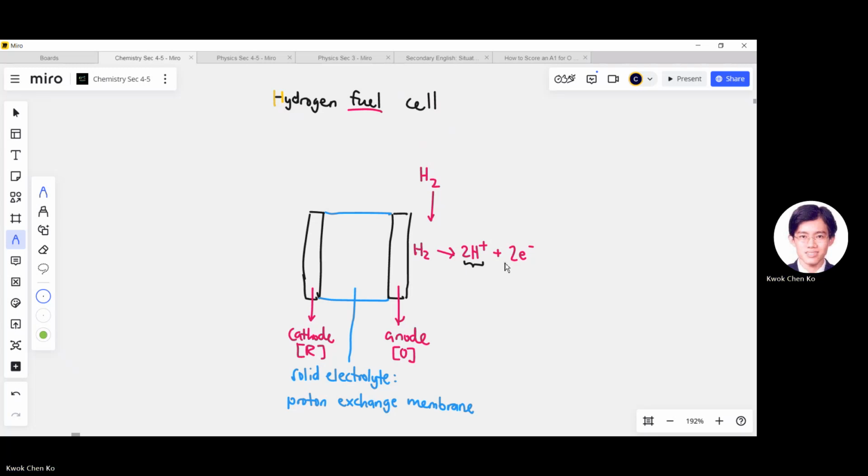So what is left? It's just a proton. Think about it. H plus is a proton, because your electron is gone already. And this proton, where does it go? No surprise, the proton goes into the electrolyte towards the cathode. That's why they call it proton exchange membrane. The proton goes from anode to cathode.